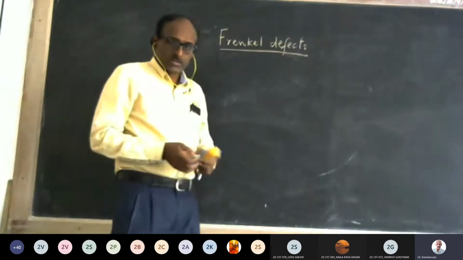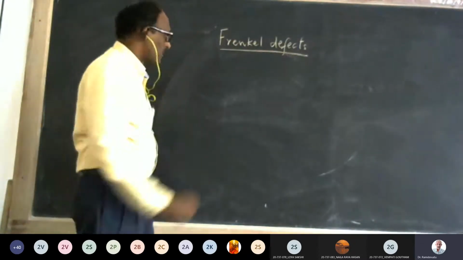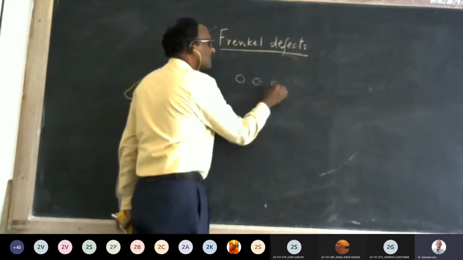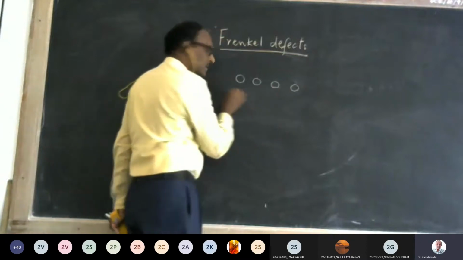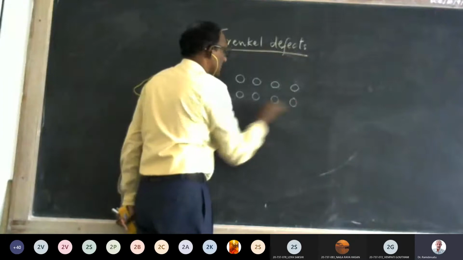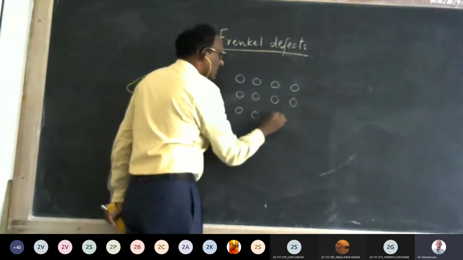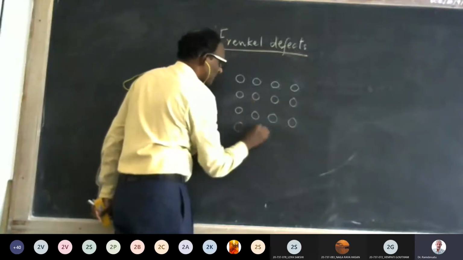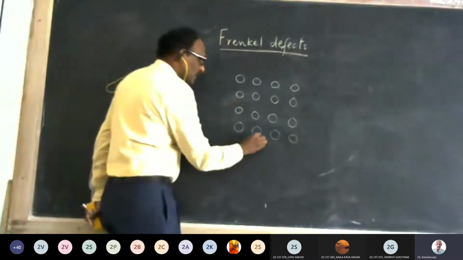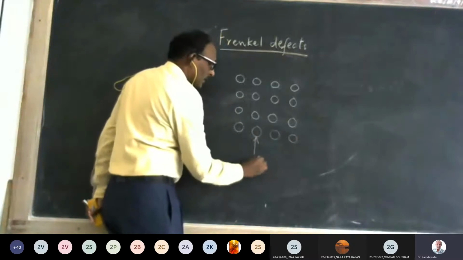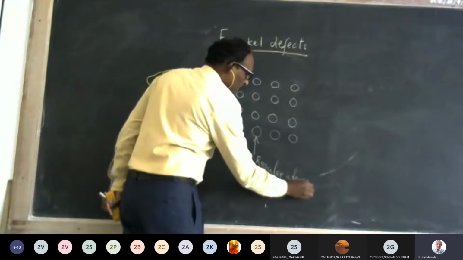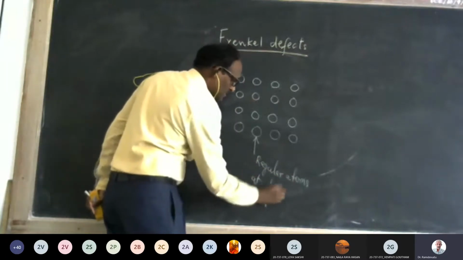Frankel defects are interstitials, meaning that suppose I take a regular atomic crystal or maybe an ionic crystal in this manner, a crystalline material having atoms regularly spaced like this. In the earlier class, we have seen that these are regular atoms at lattice sites.